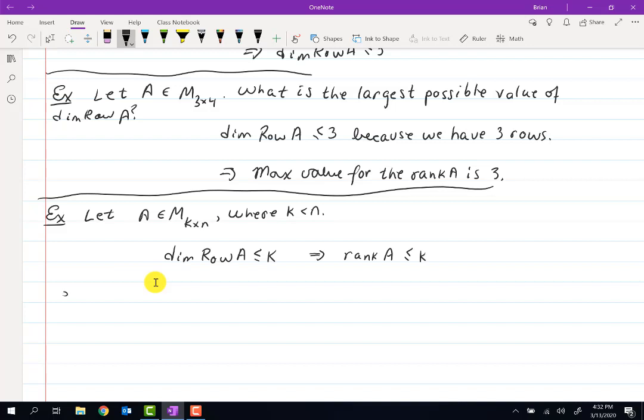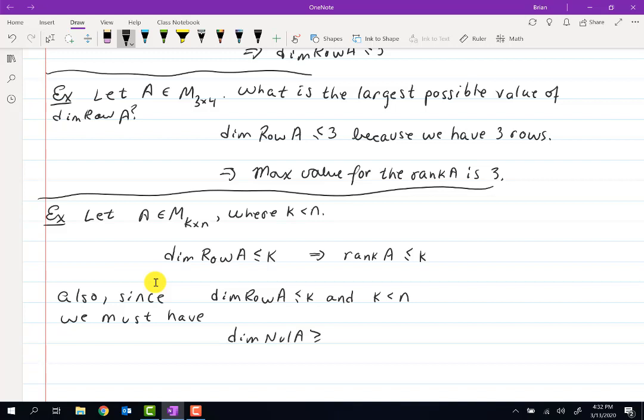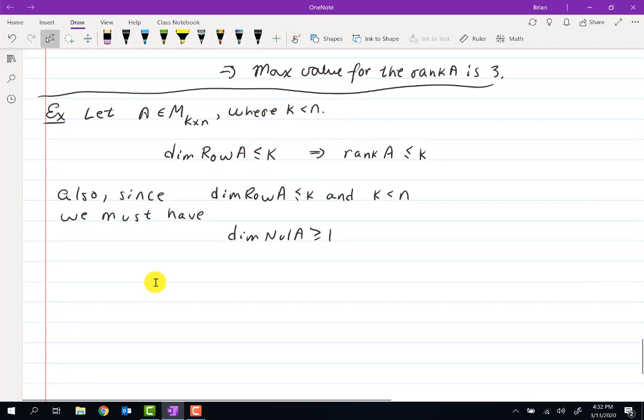Now also, since dim row A is less than or equal to k, and k is less than n, we must have that dim null A is greater than or equal to 1. I'll show you what I'm talking about here.